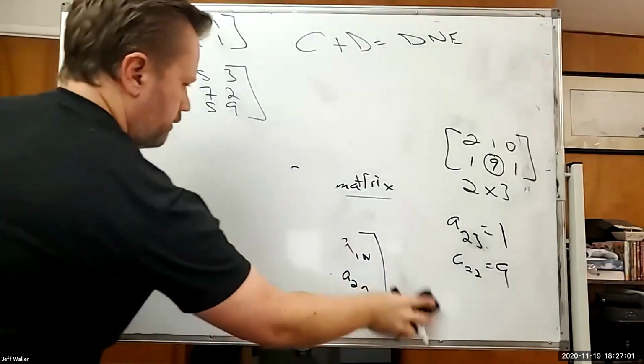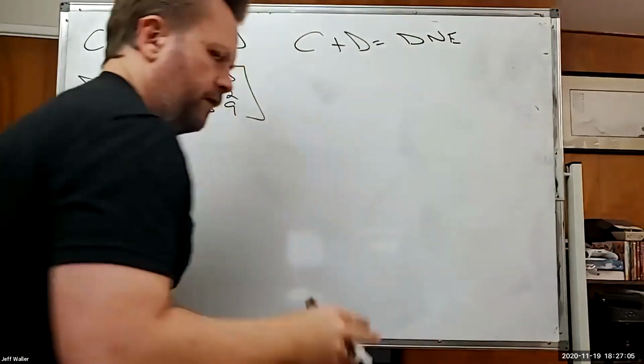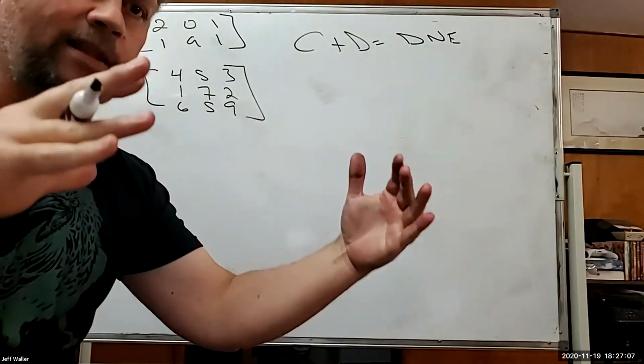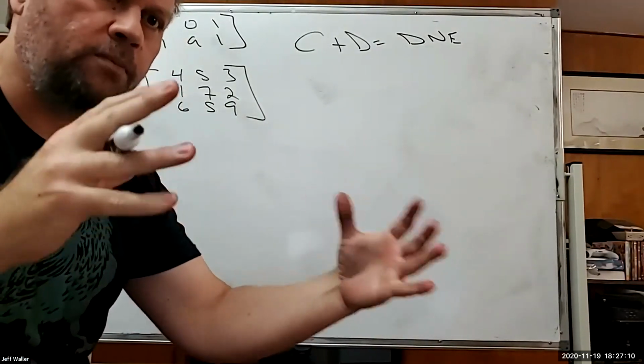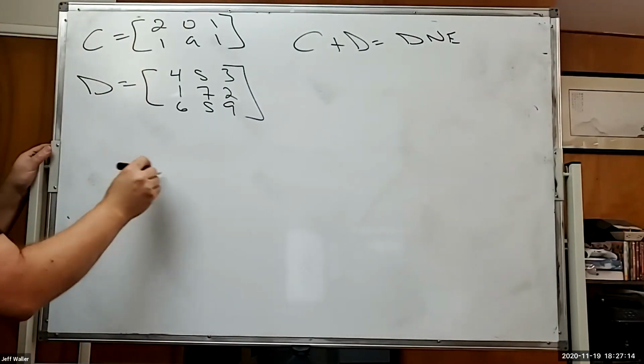So, considering that matrices are sort of like vectors just on the next level, they really are. They're vectors with more information in them. What do you think this means?